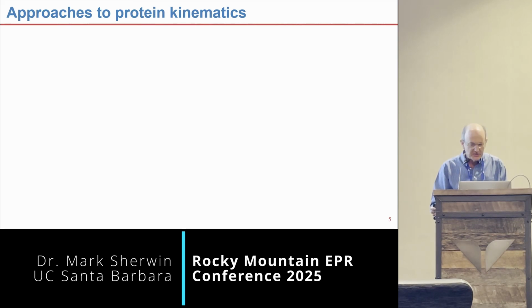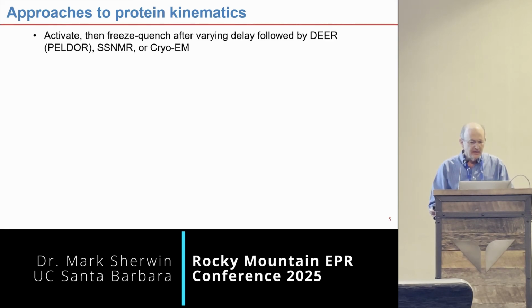So there are various approaches to protein kinematics. One can activate a protein and then freeze quench it after a certain delay, and then follow that measurement by DEER measurements, or solid-state NMR, or cryo-EM. There also are ways, which I'm interested in, to avoid the freeze quenching.